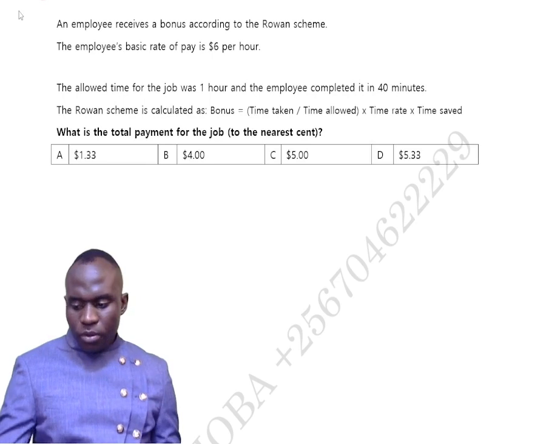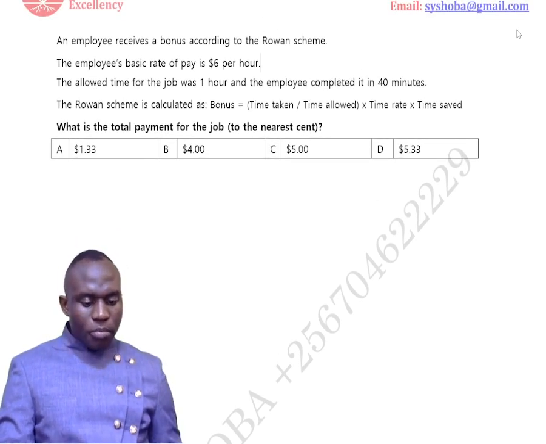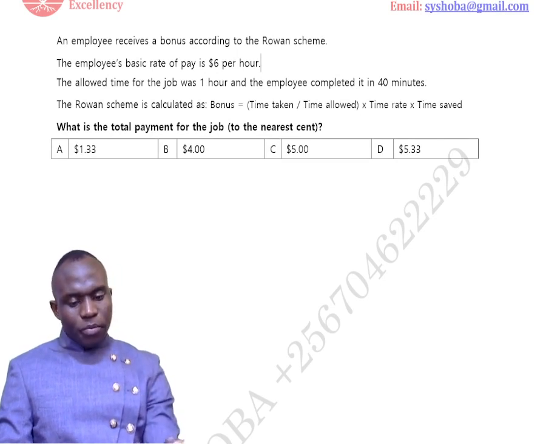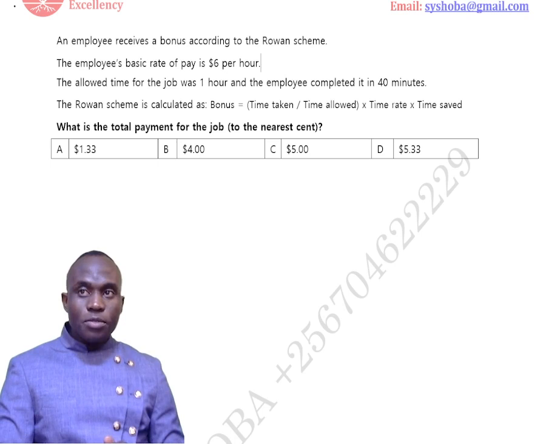So next question, they want us to calculate the total payment for the job. Now, an employee receives a bonus according to the reward scheme. The employee's basic rate of payment is $6 per hour, and the time allowed for the job is 1 hour.